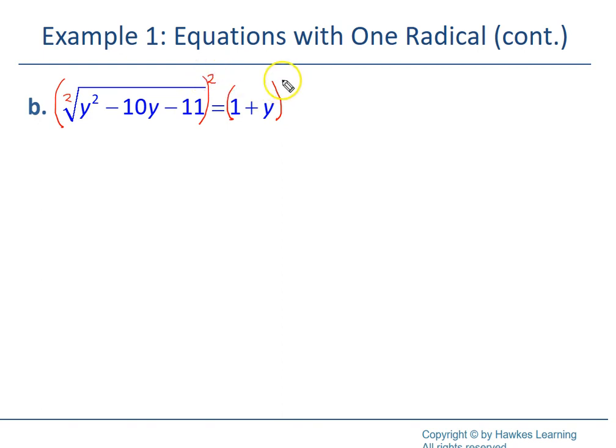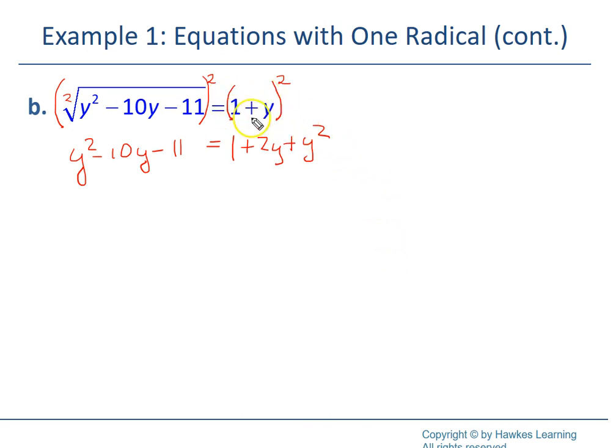So we're going to square this, and we're going to square that. So now this side just becomes the radicand, y squared minus 10y minus 11 equals, now that special technique, square this first term, that's 1. Multiply these two together, double it, that'll be a plus 2y. And then square this term, which is going to be a y squared.